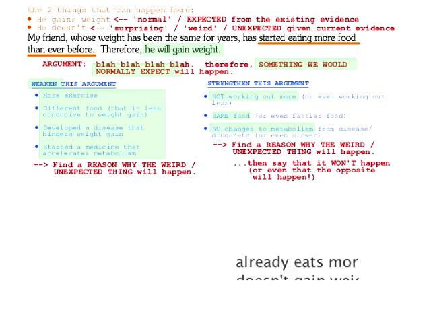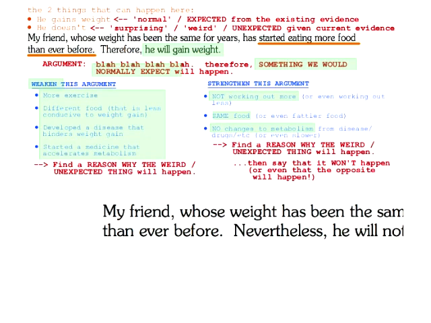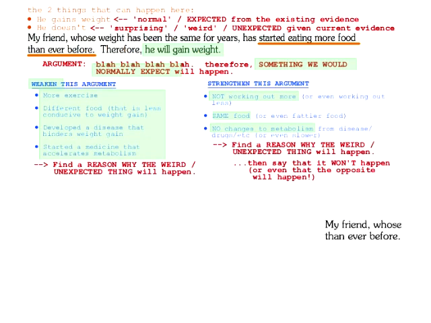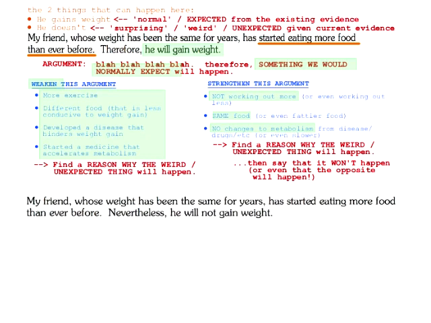This is also true if the argument is the reverse. If the argument says something like this, now the argument is saying something we would not normally expect. That's why it has the word nevertheless in there too. So in this case, the argument is blah, blah, blah, blah, therefore, even though, but still, the weird thing will happen.